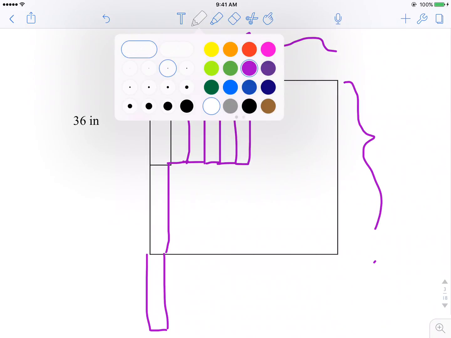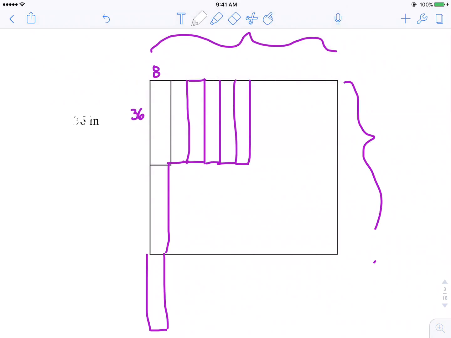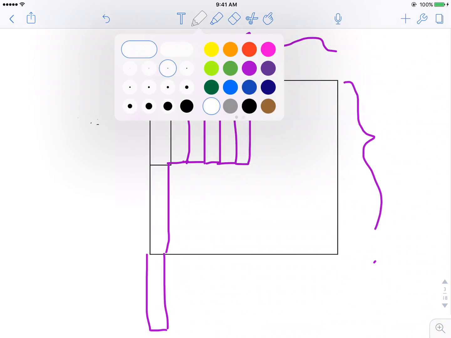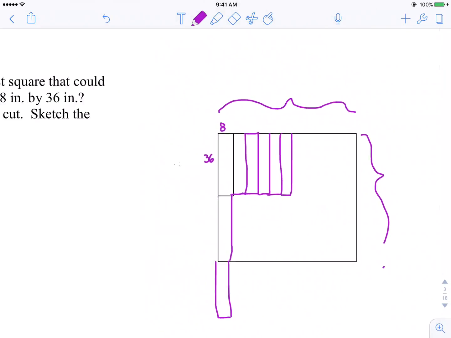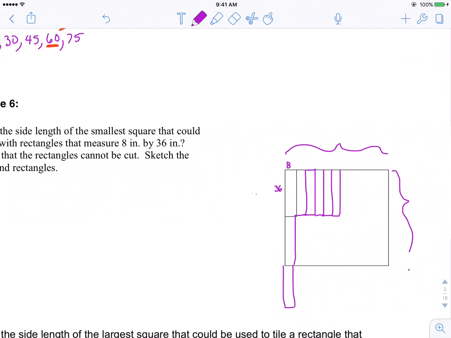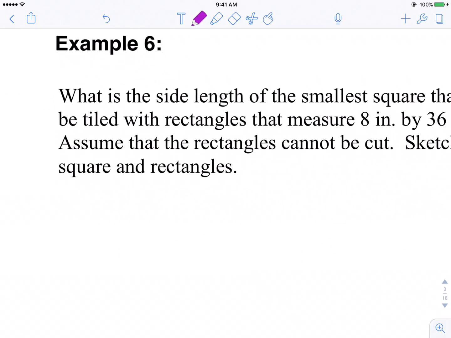So I continually do that until I find the square. But instead of patterning that out, I can simply say that I need to figure out what the lowest common multiple between both 8 and 36 happens to be.